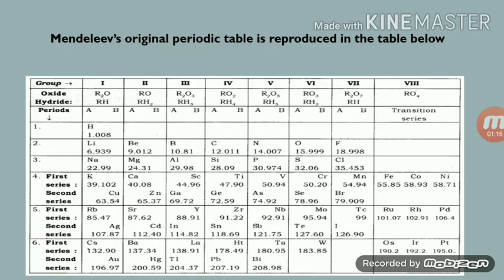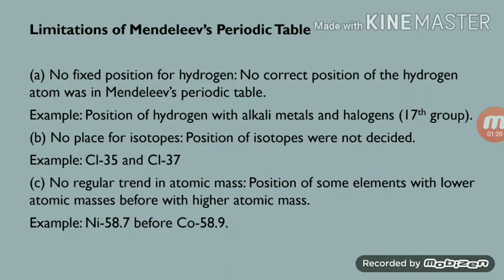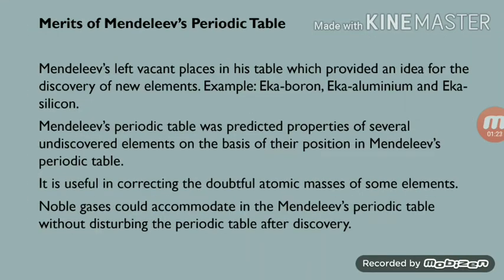So he has left these places. Next merit is that Mendeleev's periodic table predicted properties of several undiscovered elements on the basis of their position in the table. So this is the predicted properties of several undiscovered elements on the basis of their position.